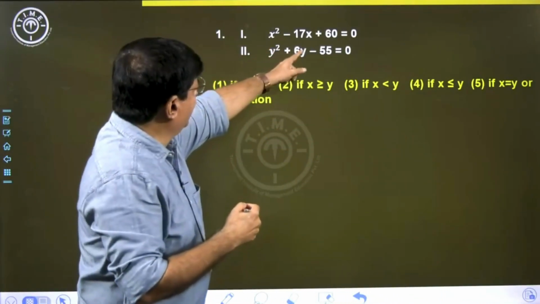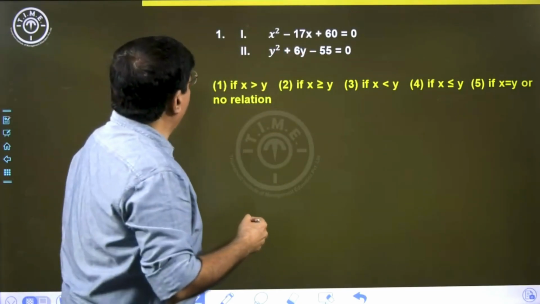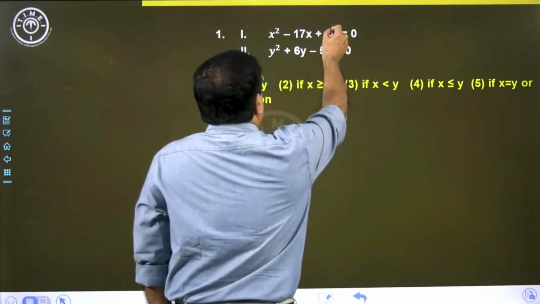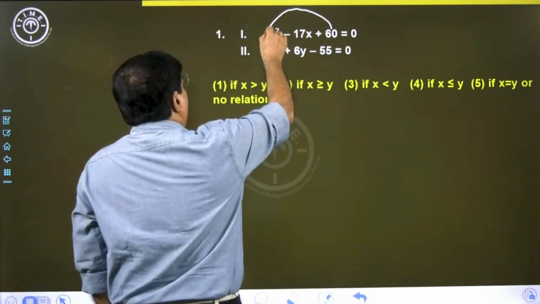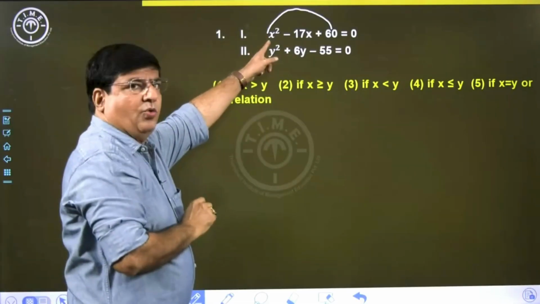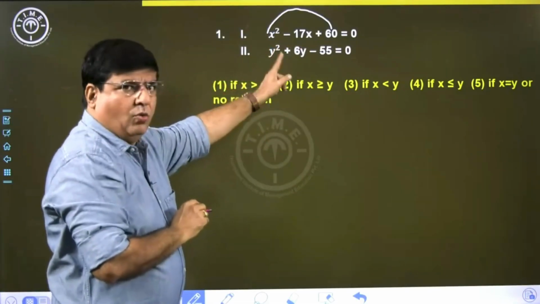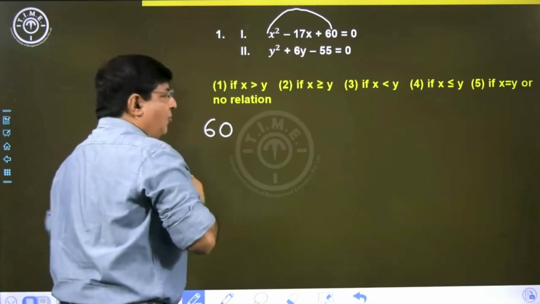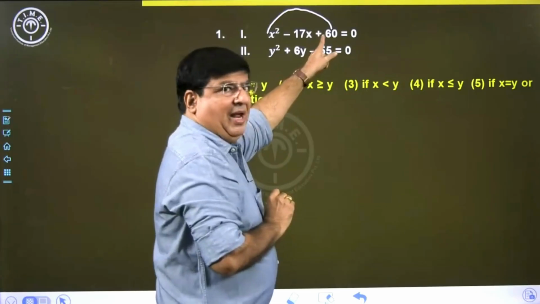What is the first equation? X square minus 17x plus 60. Multiply the constant with the coefficient of x square: 60 into 1. What do you get? 60. What is the sign of 60 here? Plus.